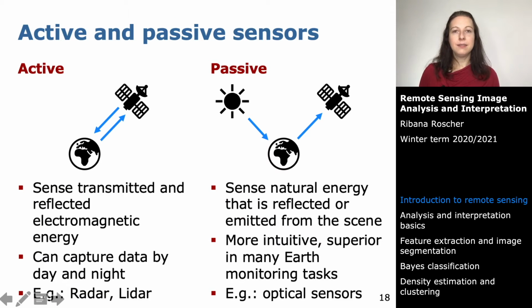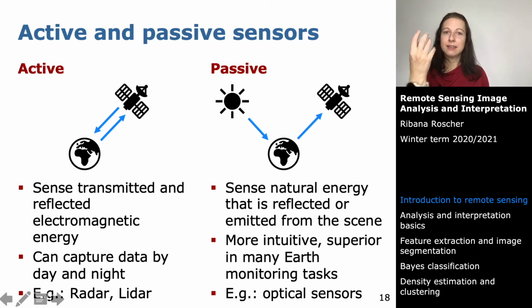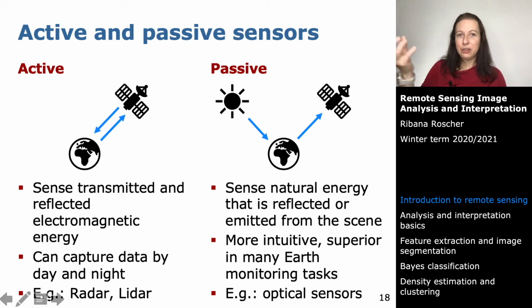You can classify sensors into active and passive sensors, and a good example is shown here for satellites. When we talk about active sensing satellites, that means active sensors sense transmitted and reflected electromagnetic energy. That means the satellite is actually doing something.